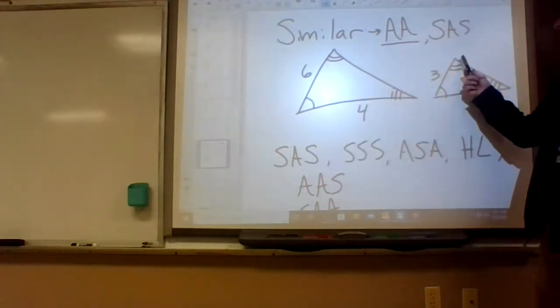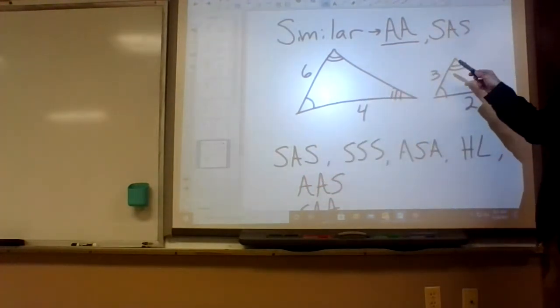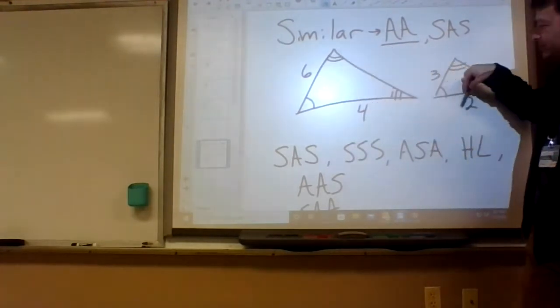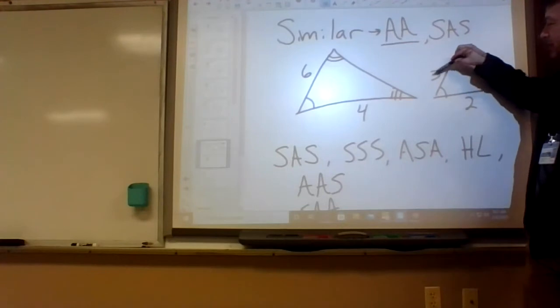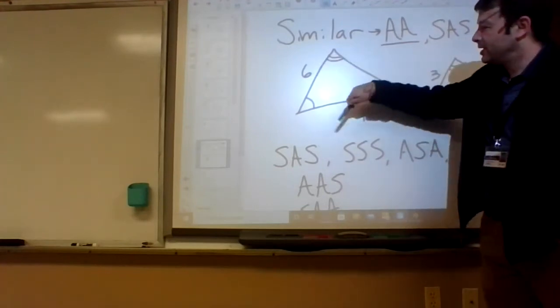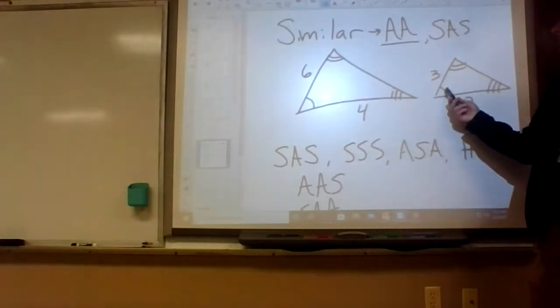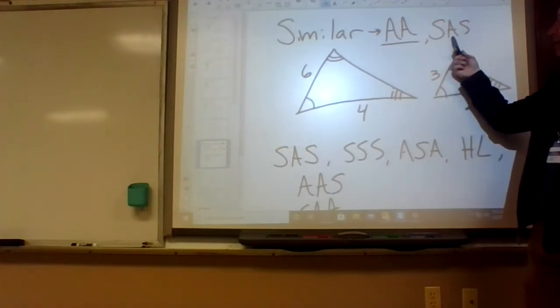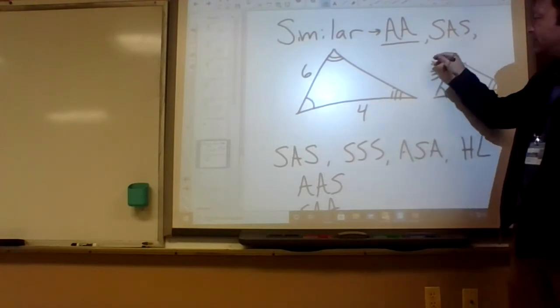This one, the sides aren't going to be congruent, but you prove the sides are proportional, like this over this equals that over that, and the angle between them is congruent. So this doesn't mean the sides are congruent, it just means the sides are in proportion and the angle between them is congruent.